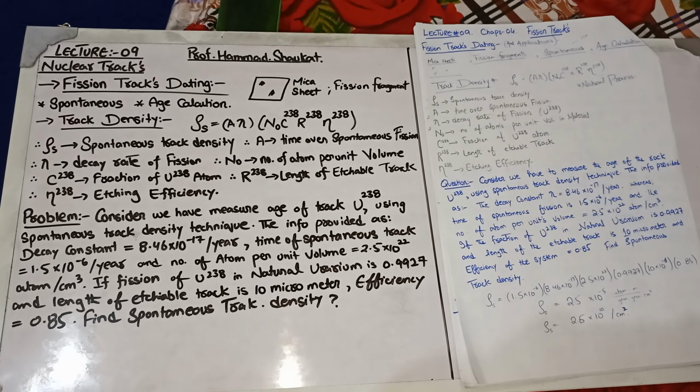If the length of the etchable track of uranium 238 fission fragments equals 8 micrometers and the efficiency is 0.9, while the decay constant of uranium 238 is 8.46 into 10 raised to the minus 17 per year, and the time of the spontaneous fission tracks stored is 2 multiplied by 10 raised to the minus 6 per year. What you have to find? You have to find the track density of uranium 238.